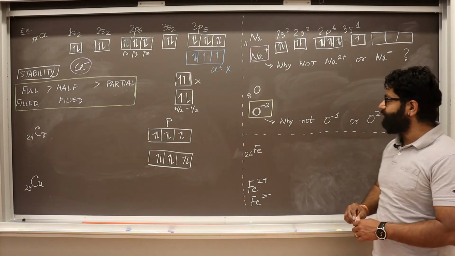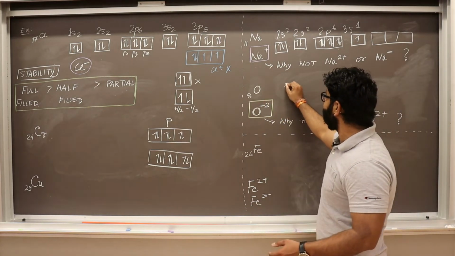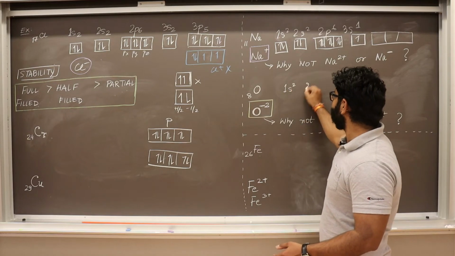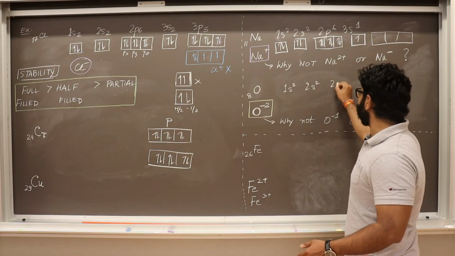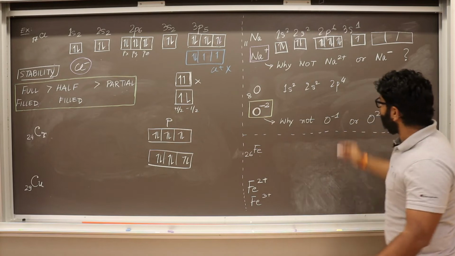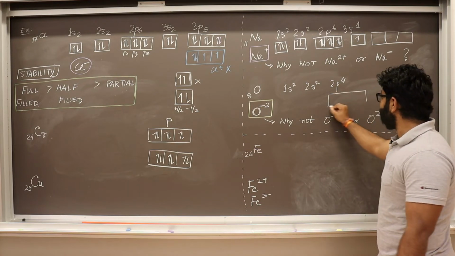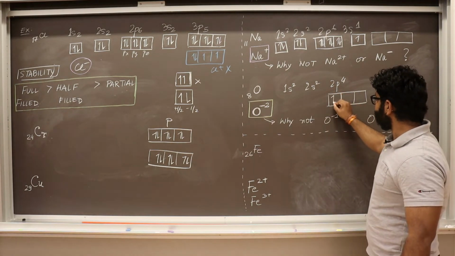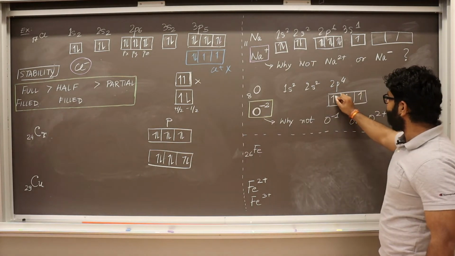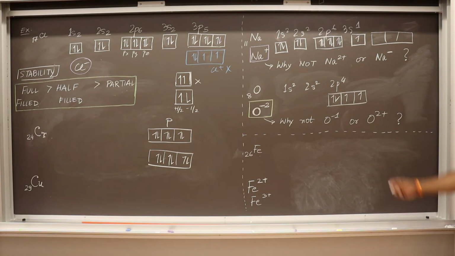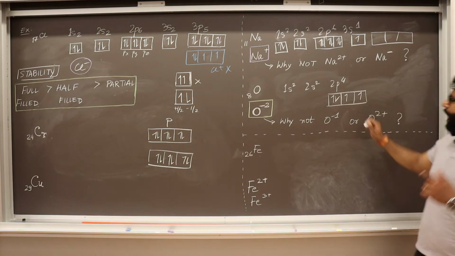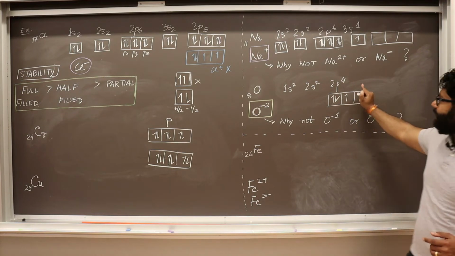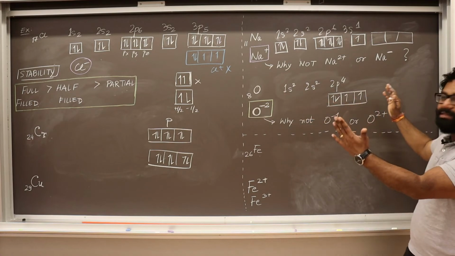Similarly, for oxygen, we have 8 electrons, so you have 1s2, 2s2, 2p4. In here, these two remain the same, and you have a 2p4 which looks something like this. Now how will you make this stable? You add 2 electrons to this and get this whole thing stabilized, right?